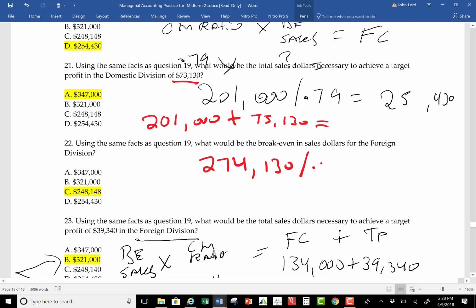Okay, and you divide each side by 0.79. What do you get? $347,000, you say? Which is the answer to that question? Ready? Don't laugh too hard.